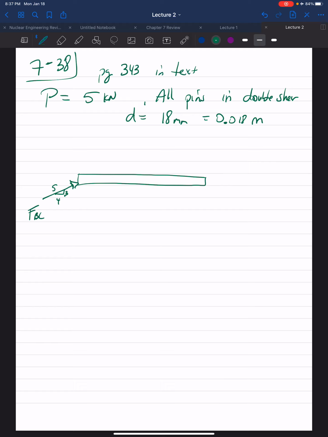P is 5 kilonewtons, so you have 5 kilonewtons here. You have 3 times 3P, so it's 15 kilonewtons here. You have 6P, 6 times 5, 30 kilonewtons here. And you have another P, so 5 kilonewtons here. Then for your A, you have your AX, have to balance out the FBC, and your AY.